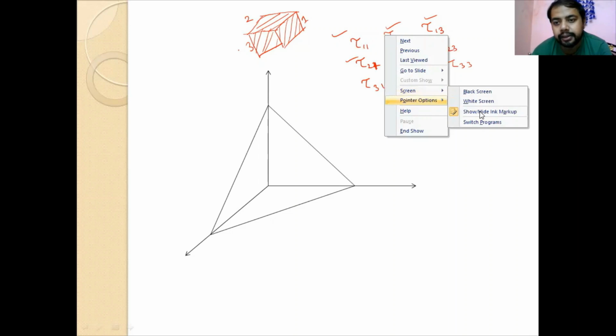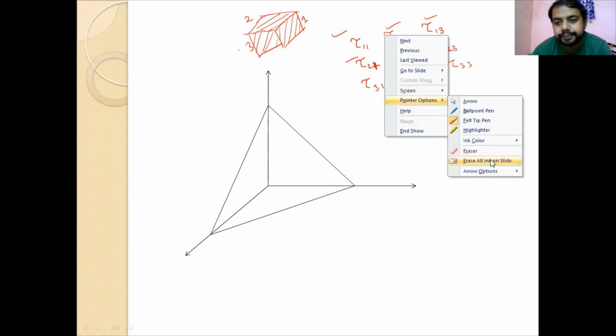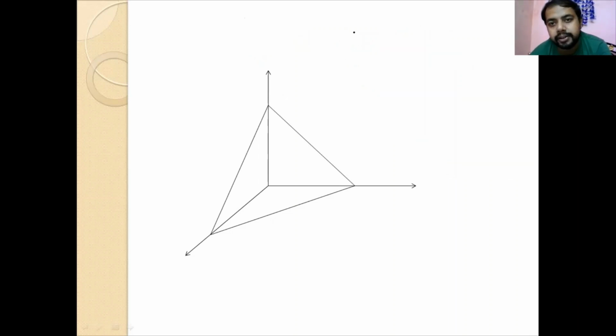Now here we are considering one tetrahedral element of fluid.